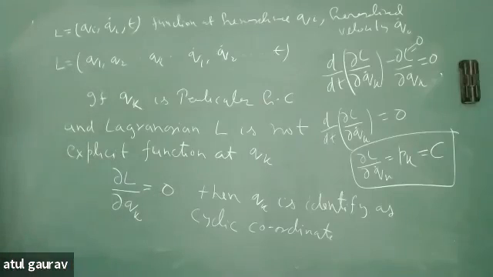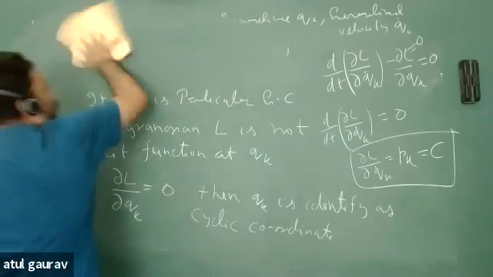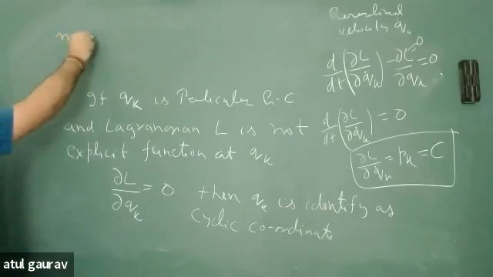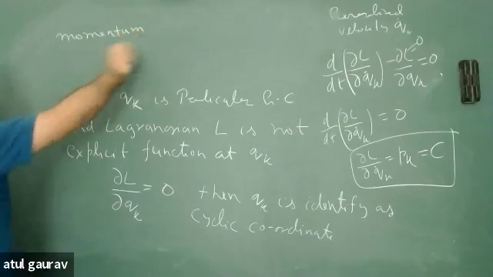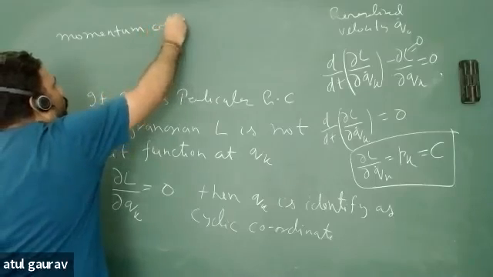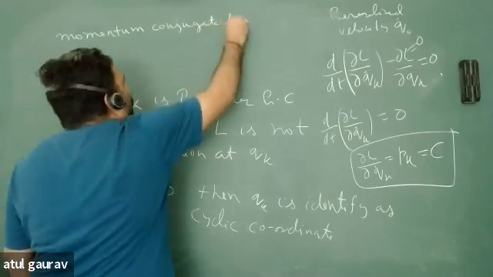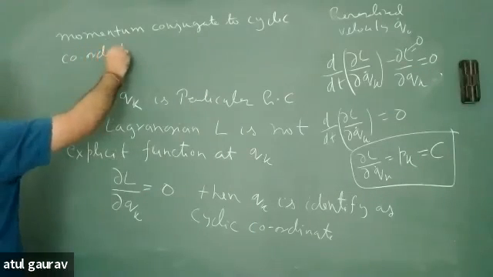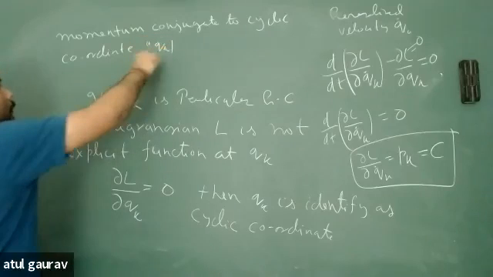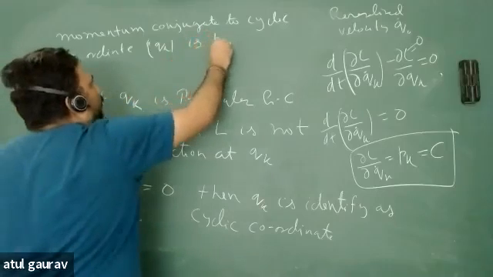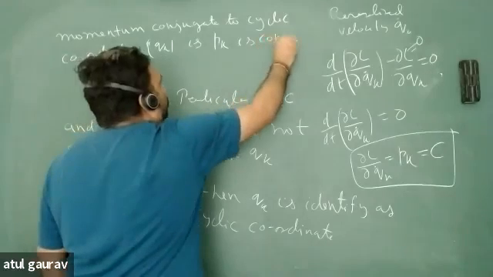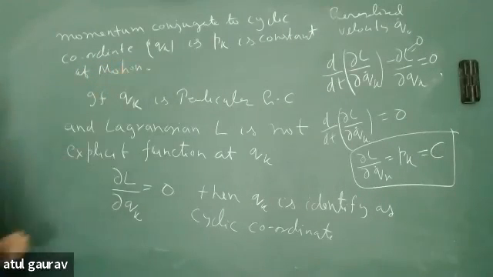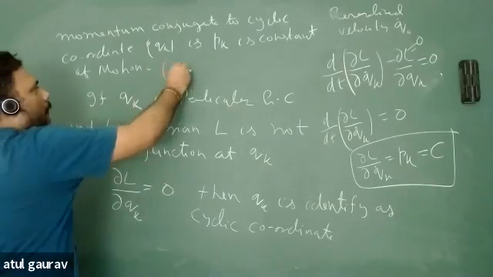So we can make a very strong statement: the momentum conjugate to a cyclic coordinate Qk, that is Pk, is a constant of motion. So we have conservation of momentum.